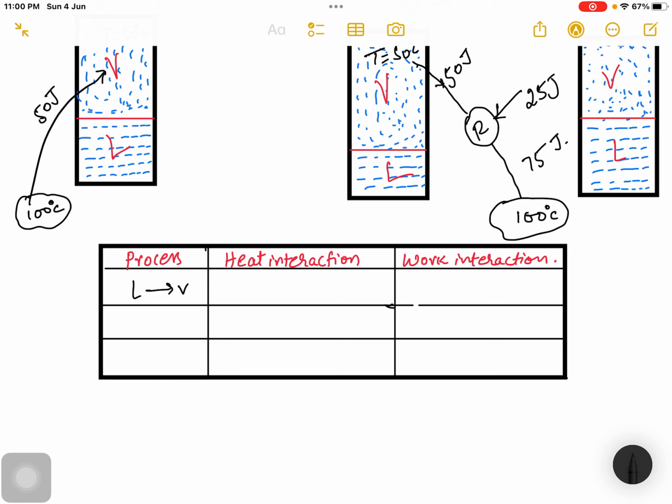In the first process, I am changing liquid to vapor, and in the second process I am changing vapor back to liquid.